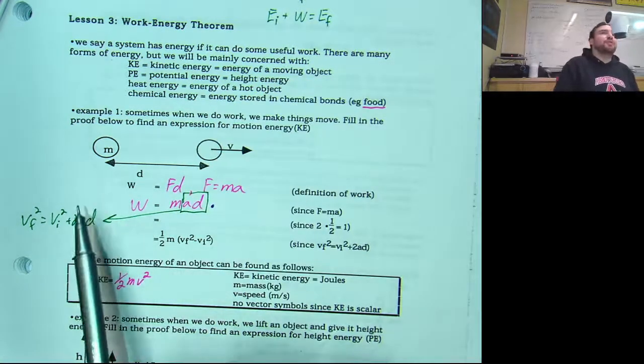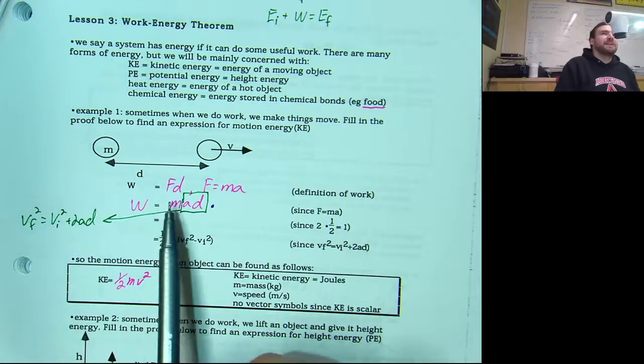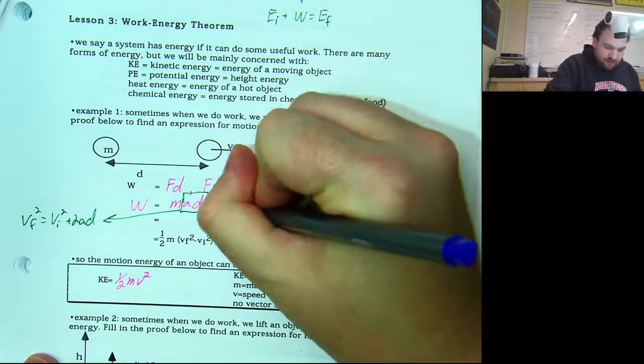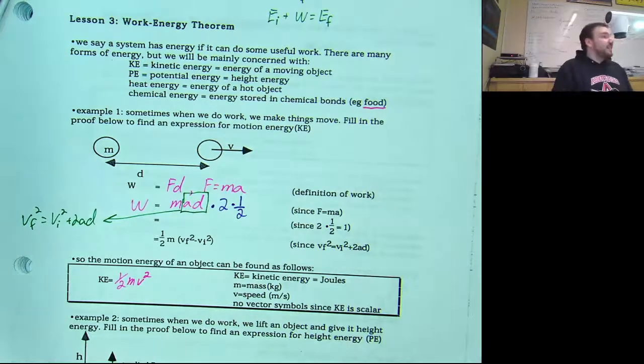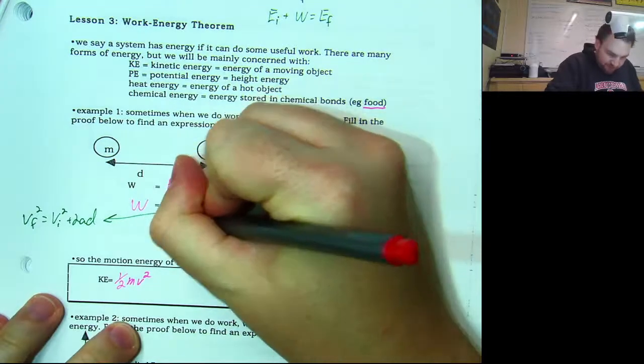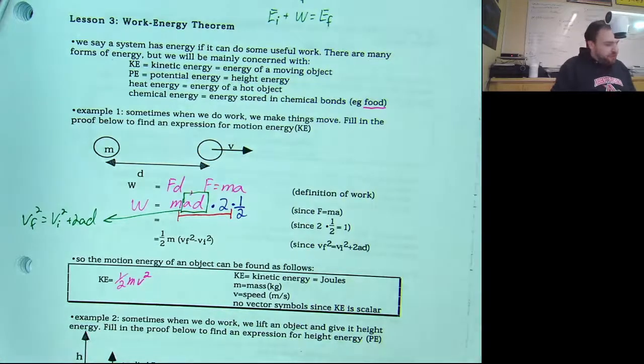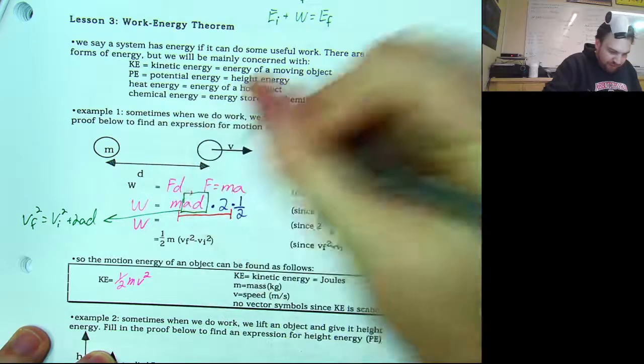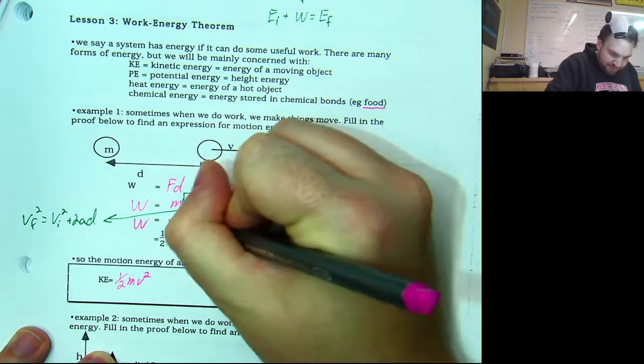To get this 2 in here, to make this 2ad, we're going to multiply this by 2 times a half. We don't actually change anything. So all I've done is multiply by 1. Multiplying by 2 and multiplying by a half doesn't actually change anything. What that lets me do, though, is take this 2ad piece and turn this into work equals mass times a half.